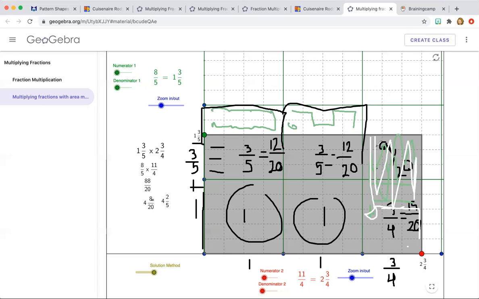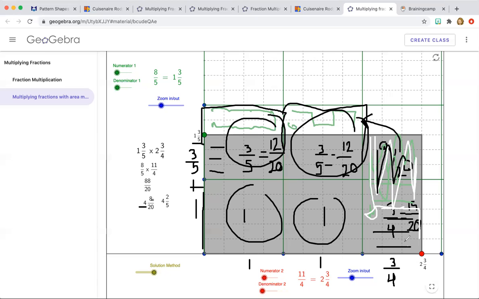Bring this space, put it up there. So I can fill in this hole up here, this hole up here to get 4 wholes. And then we'll have these 1, 2, 3, 4, 5, 6, 7, 8 spaces down there. Sorry, that's really ugly now, but I hope that made sense.